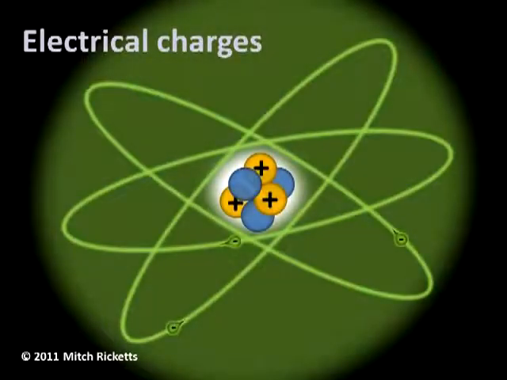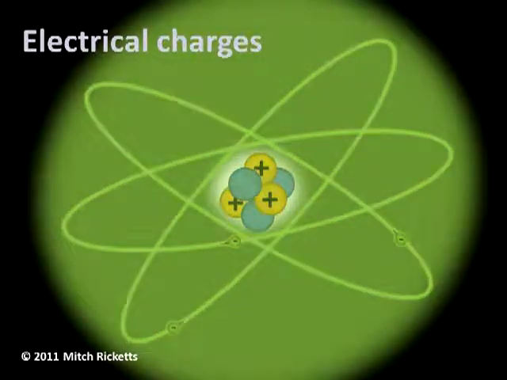Some properties of atoms are related to their electrical charges. Remember that protons have a positive charge. Electrons have a negative charge. Entire atoms may also have unbalanced electrical charges.